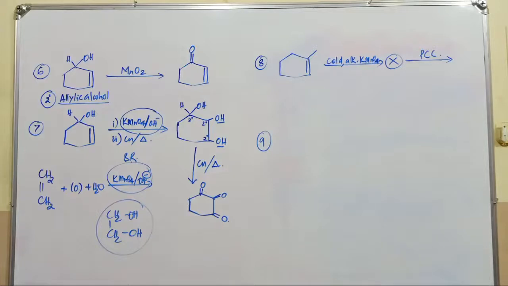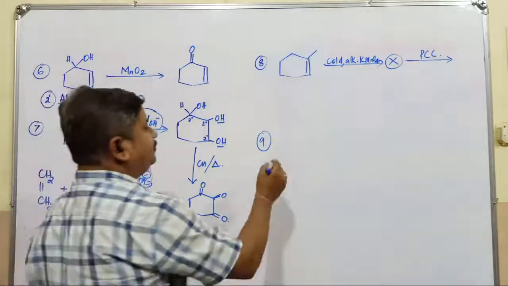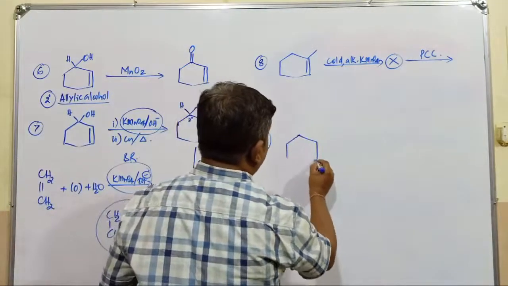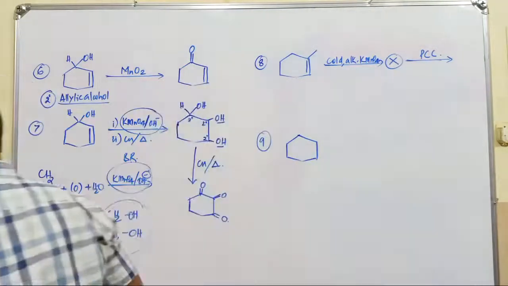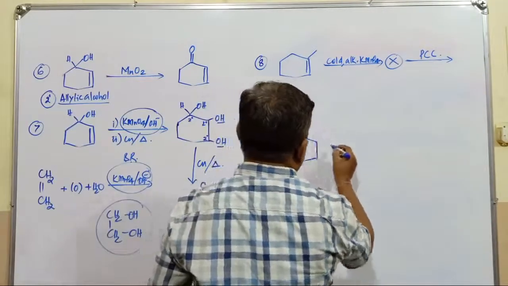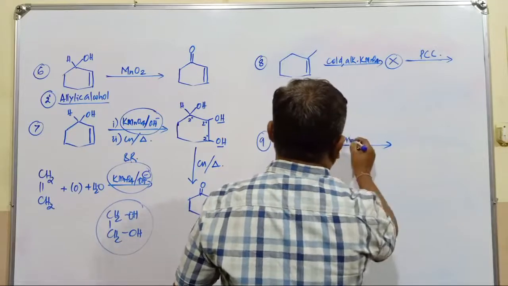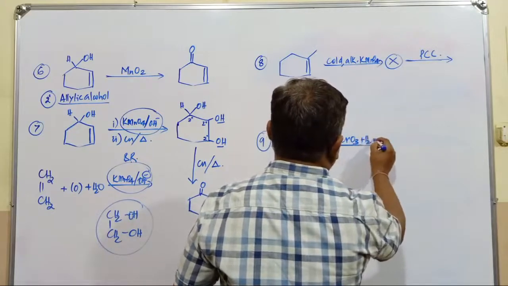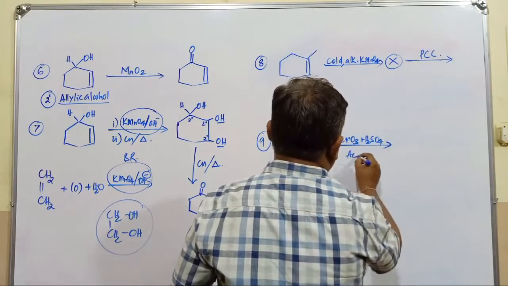Next, another reaction, number 9. It is an alcoholic compound with OH, treated with CrO3 plus H2SO4 in acetone.